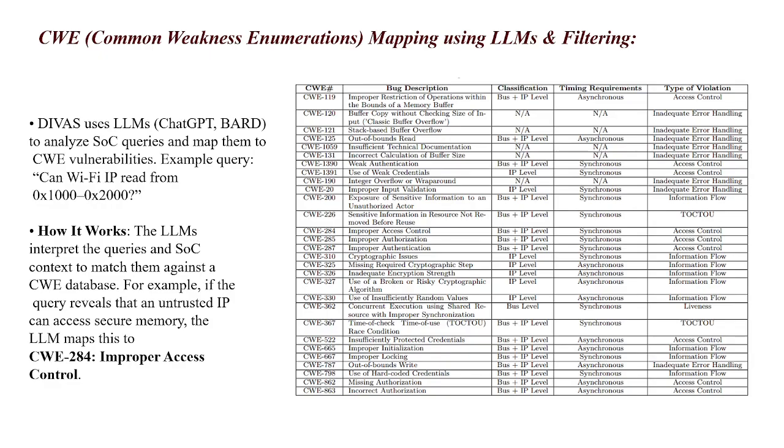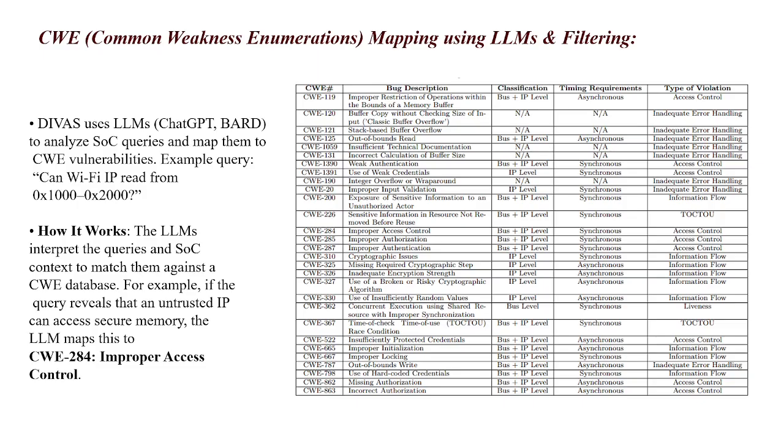In the next stage, the CWE mapping is done using the LLMs, and a technique known as filtering is introduced. These queries are mapped to a CWE, and why we need a technique known as filtering, we will see later. How it works is the LLM interprets the queries and matches them with a CWE database.